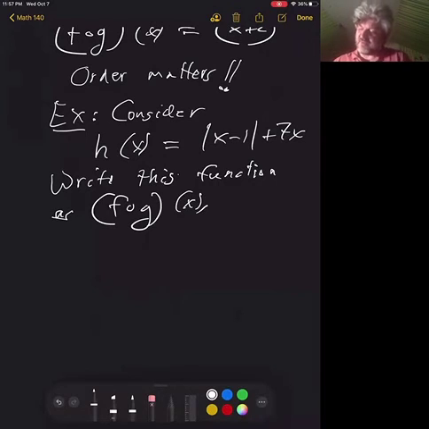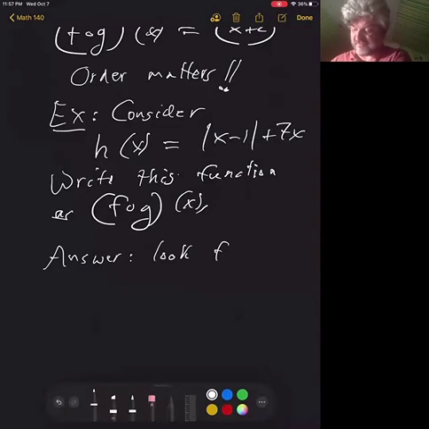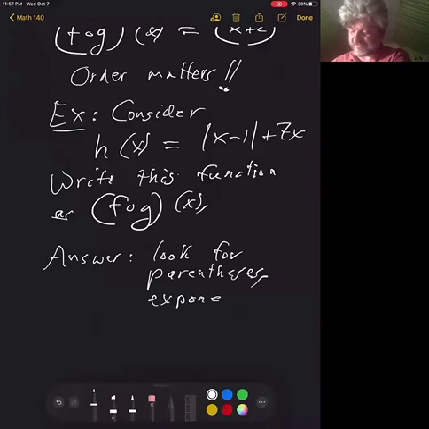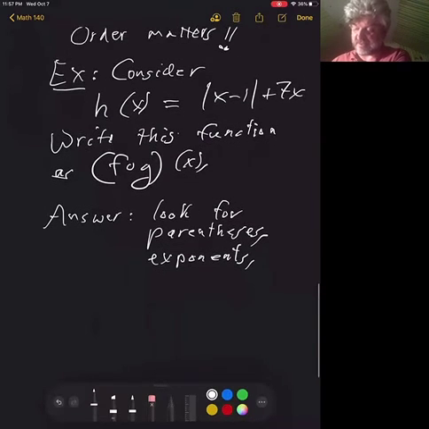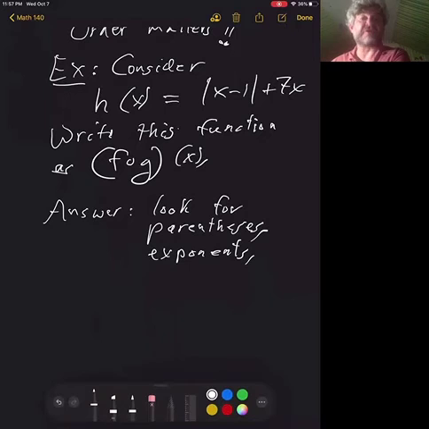So what is a good way to attack this? And the answer is look for parentheses, exponents, things inside a square root or an absolute value.